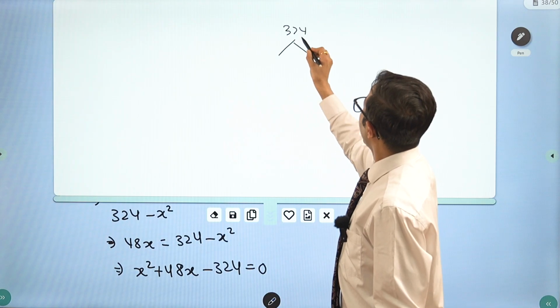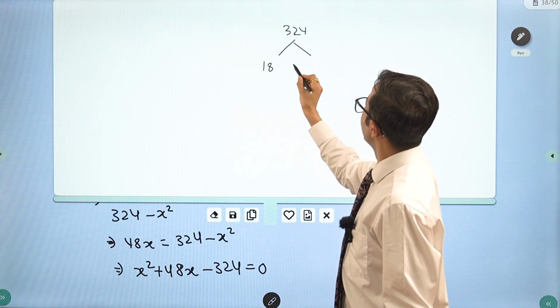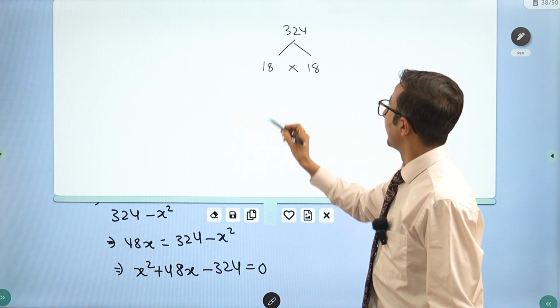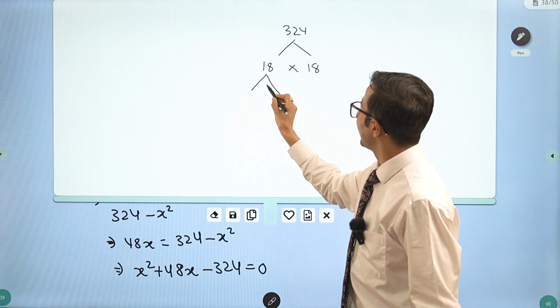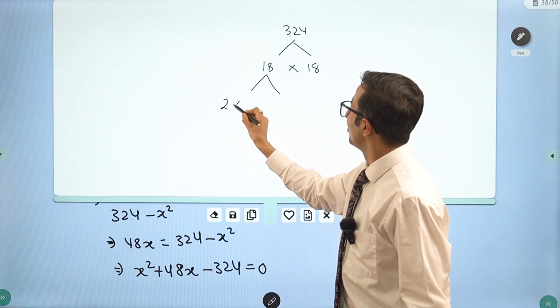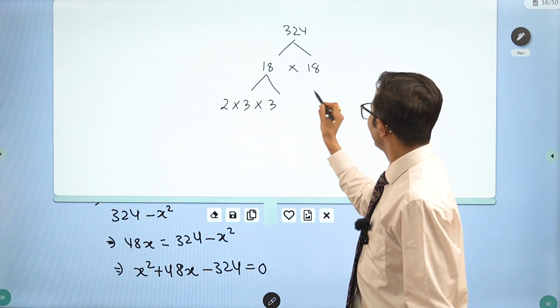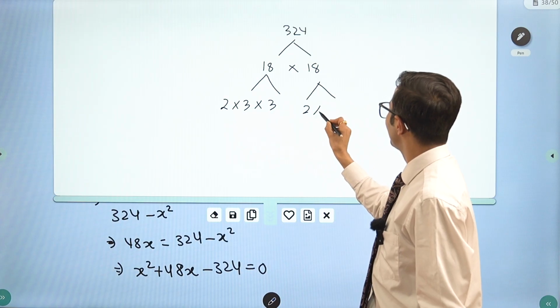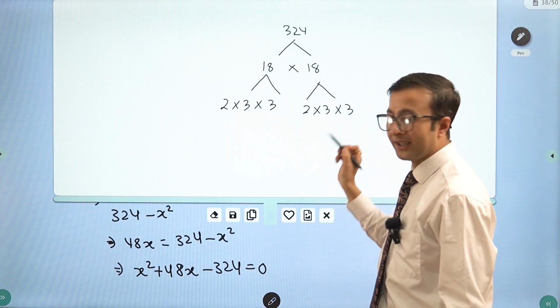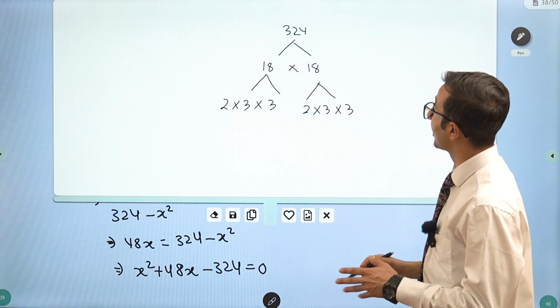Look at here, 324 is actually 18 multiplied by 18, and if you break 18, we get 2 3s are 6, 3s are 18. From here also we get 2 3s are 6, 3s are 18. In this way we can divide this 324.